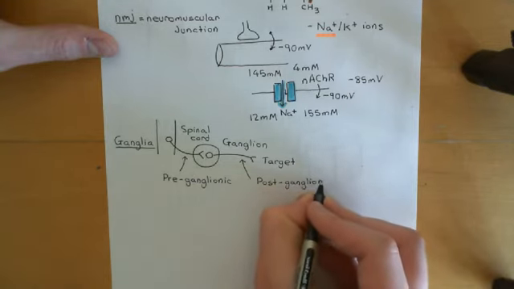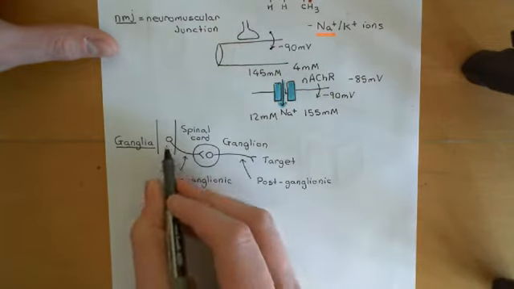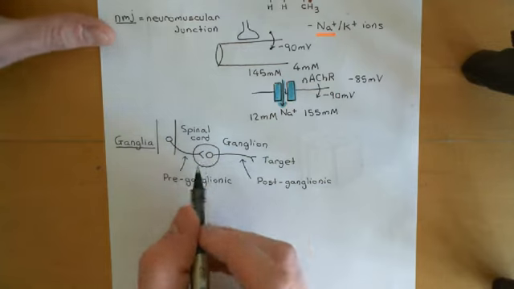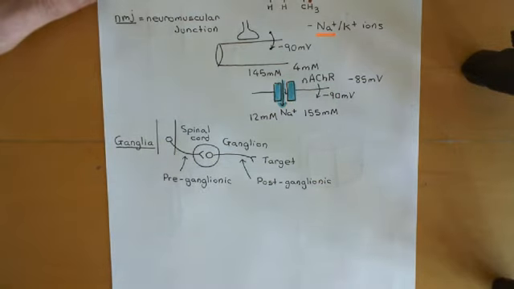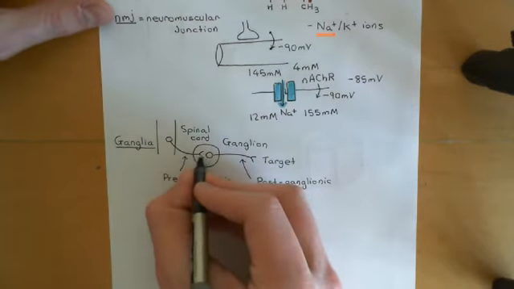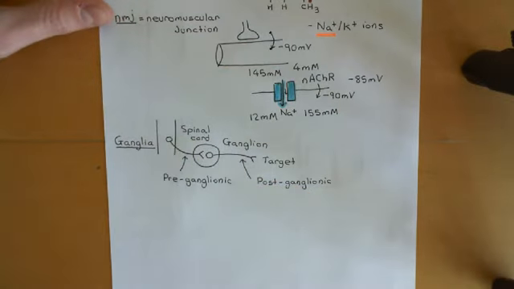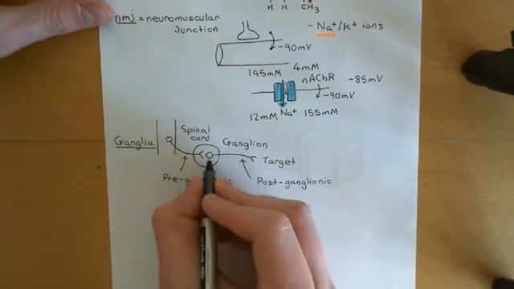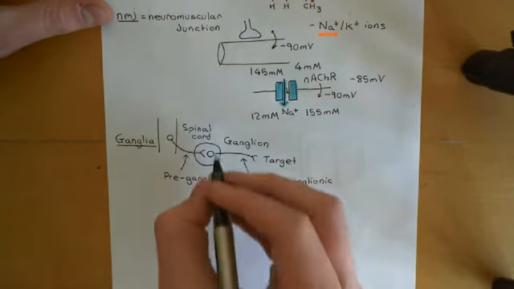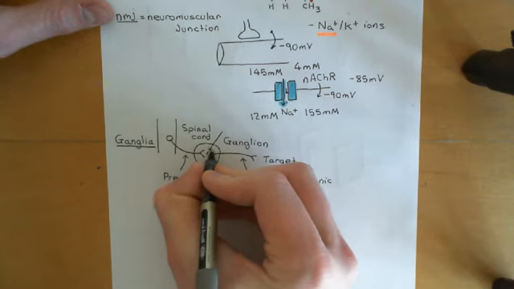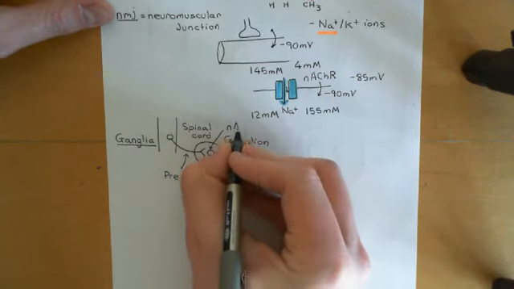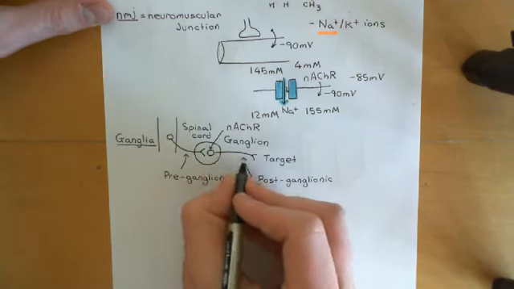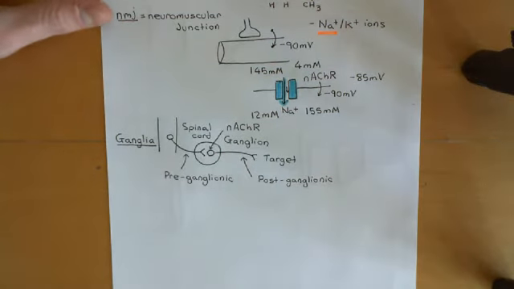Basically, the preganglionic neurons of both sympathetic and parasympathetic nervous system neurons use the neurotransmitter acetylcholine to stimulate the postganglionic neuron. So acetylcholine is released by this preganglionic neuron onto the postganglionic neuron, and it will work on nicotinic acetylcholine receptors on the dendrites of the postganglionic neuron to try and make it fire.